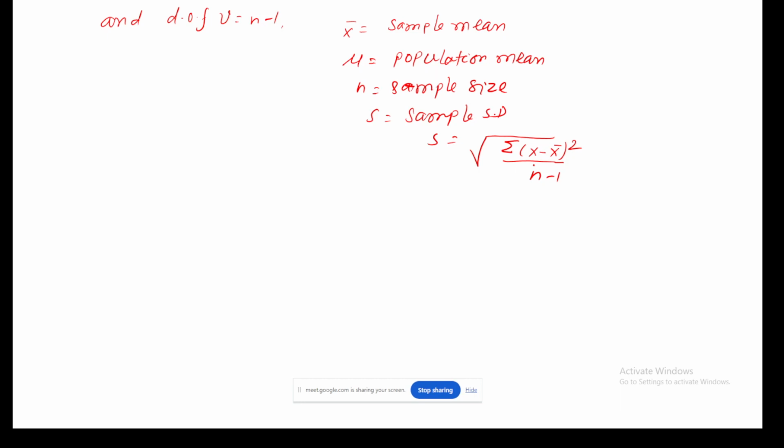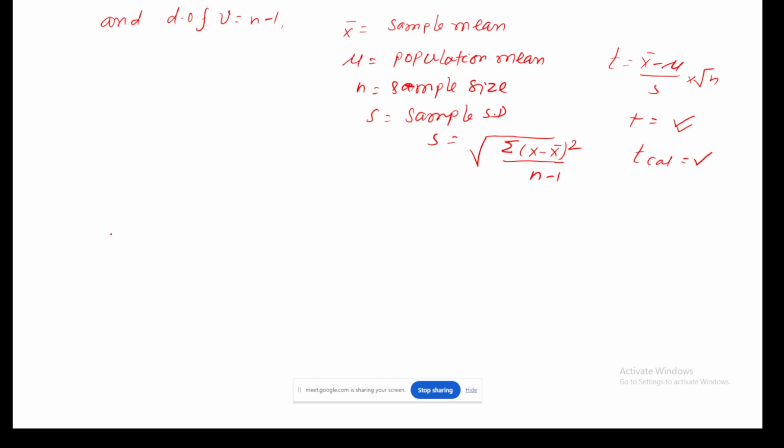Now once you put this s in x bar minus mu upon s into root under n, you will get some t value. So this will be your t calculated.